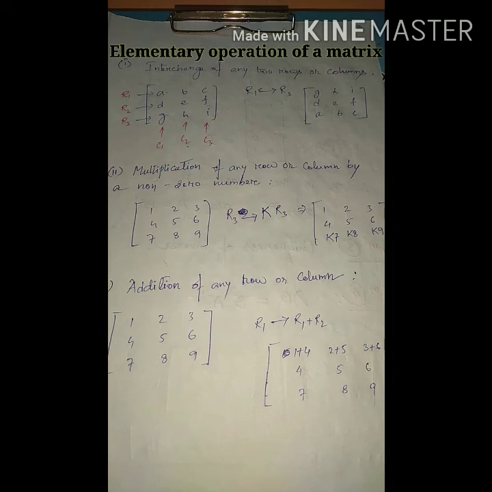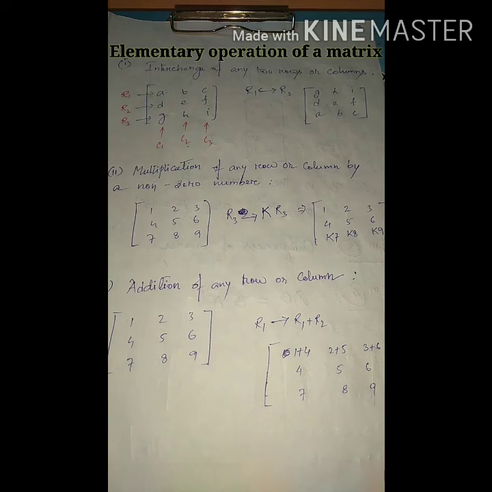So the next one is a very important topic, which is elementary operation, or we can also say it is a transformation of a matrix. So what is an operation? Elementary operation or transformation means how we can transform a row or a column.